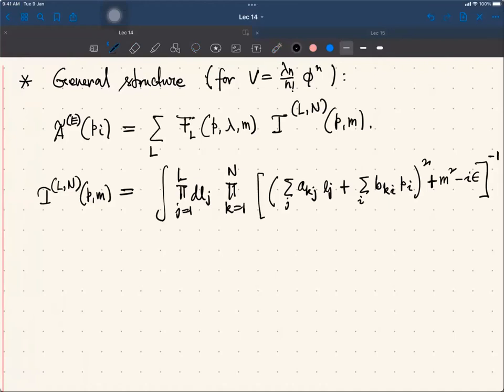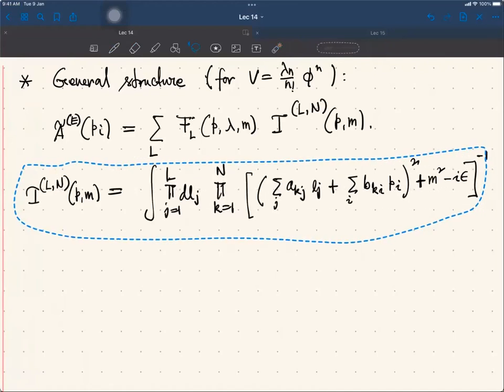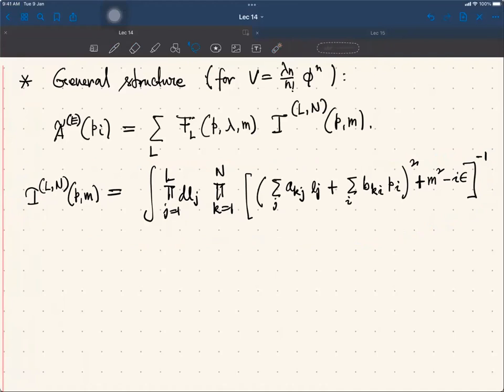I will give some examples, but let us first understand what the statement is. The statement is that the amputated diagram has a loop expansion, and for any particular value of the loop there are capital L loop integrations, the l_j, j going from 1 to L, and then capital N internal lines.